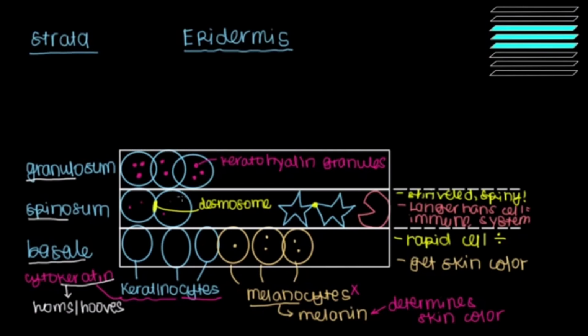Keratohyalin granules are composed of proteins that handle keratin, because they move keratin around the cell.